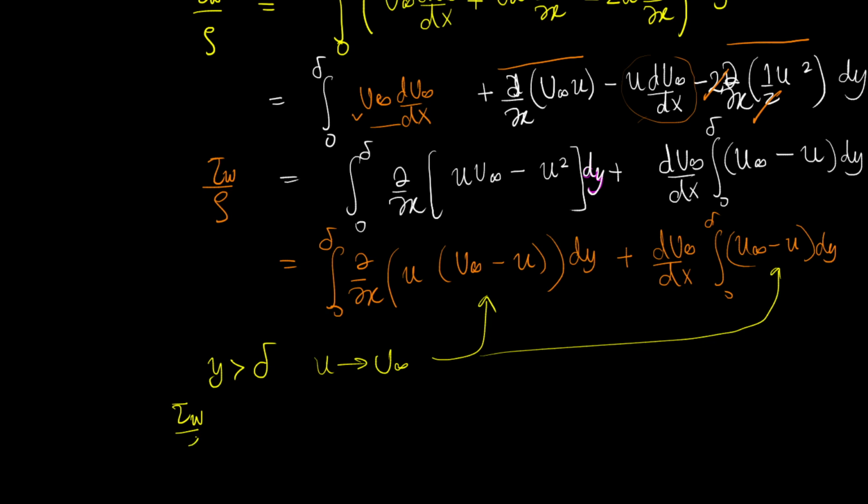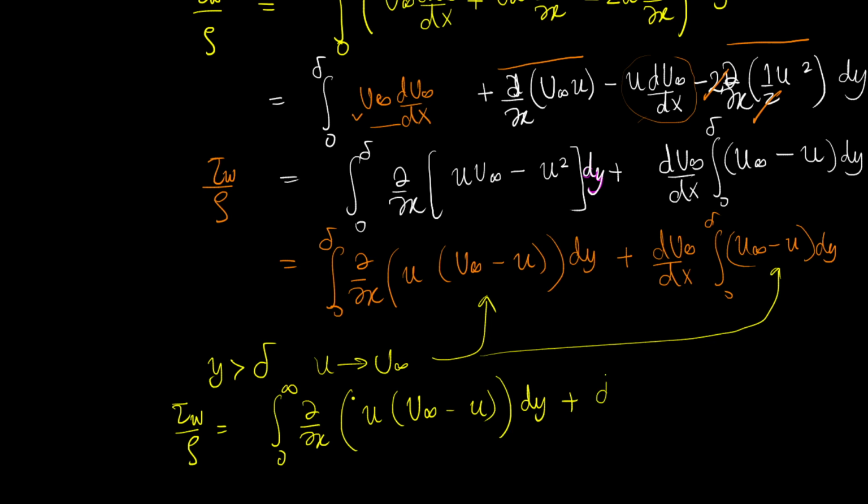So tau wall upon rho is equal to del x of integral 0 to infinity u infinity minus u dy plus du infinity dx integral 0 to infinity u infinity minus u dy. So we have replaced everything by an infinite integral.